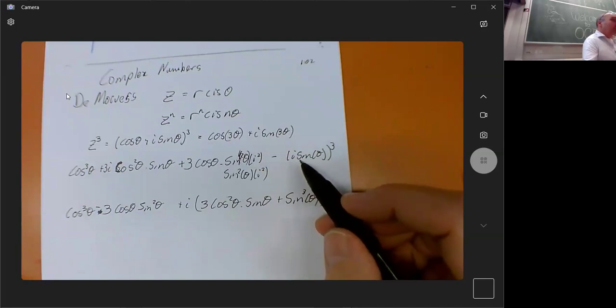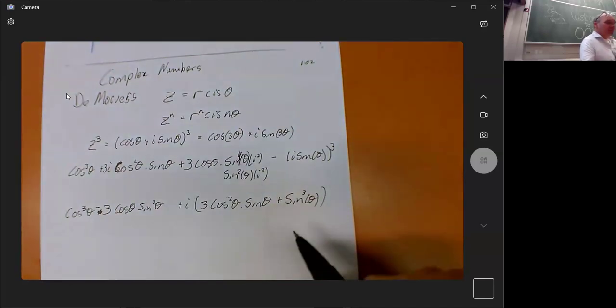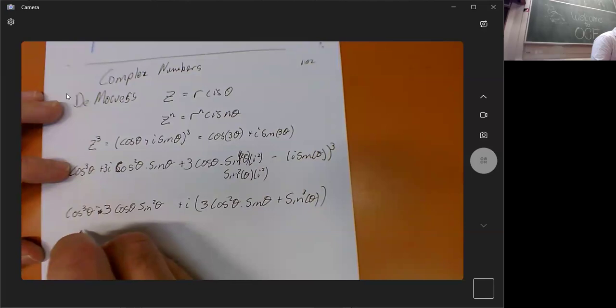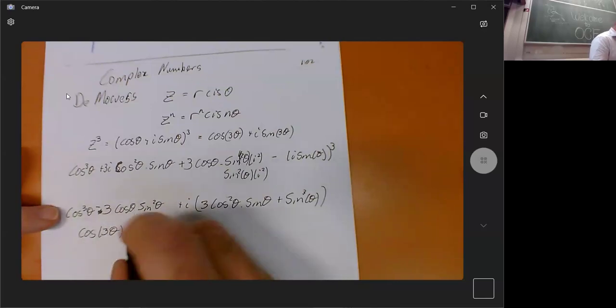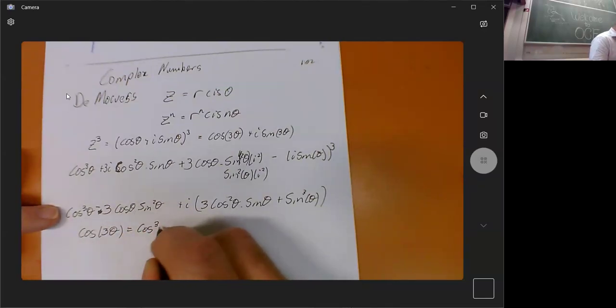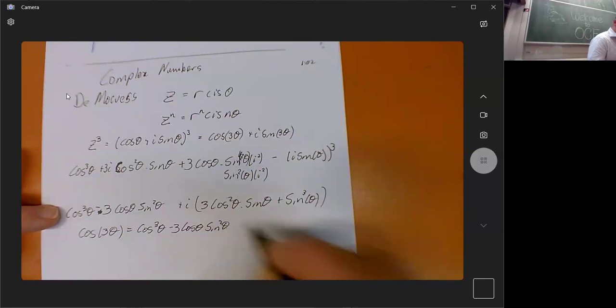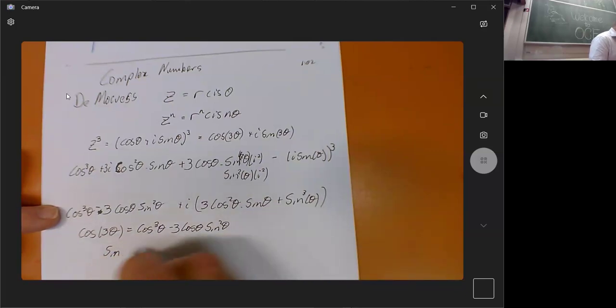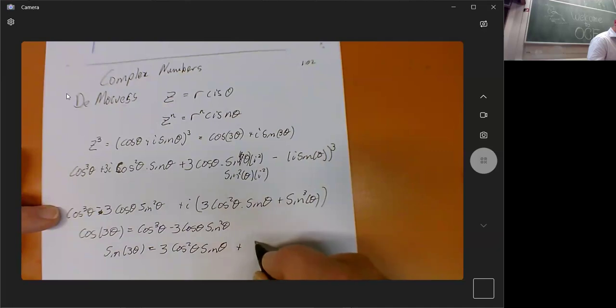When I did the i cubed, i squared became -1, so that became minus i, but the extra minus made it plus. Now De Moivre's theorem is telling me that cosine of 3 theta, that's the real part, is equal to cosine cubed theta minus 3 cosine of theta sine squared theta, and sine of 3 theta is equal to 3 cosine squared theta sine of theta plus sine cubed theta.